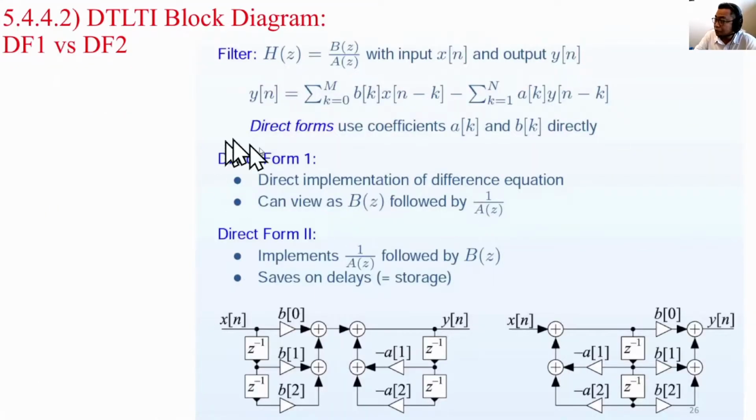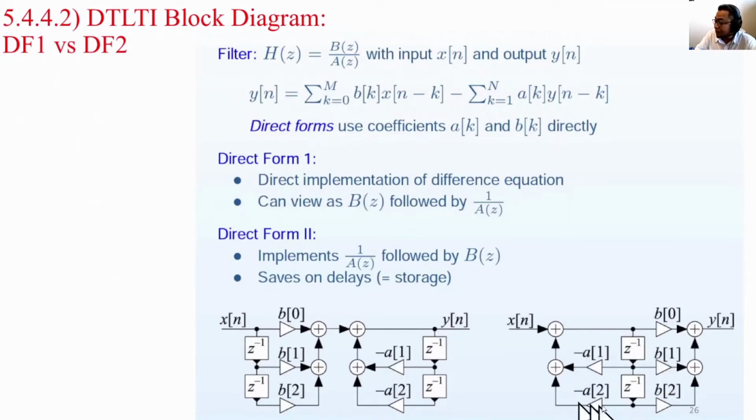Now I will briefly go through something called DF1 versus DF2. The DF1 filter looks like this. The b's are on the left-hand side affecting the input. The a's are on the right-hand side. And this is what we had done. In DF2, it's different. We swap and we make the delays in the middle.